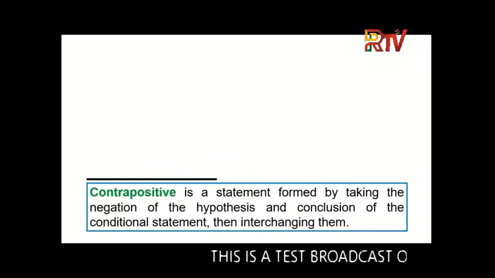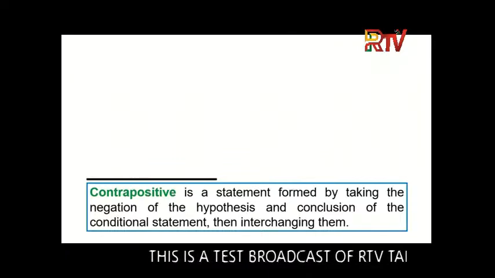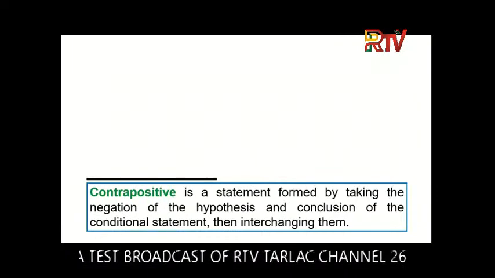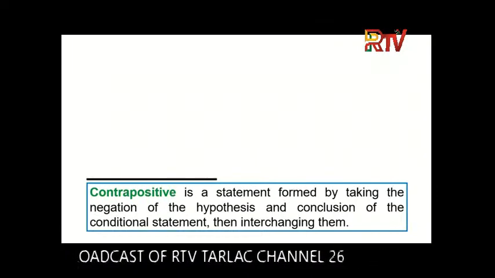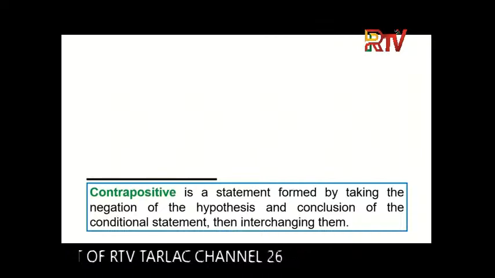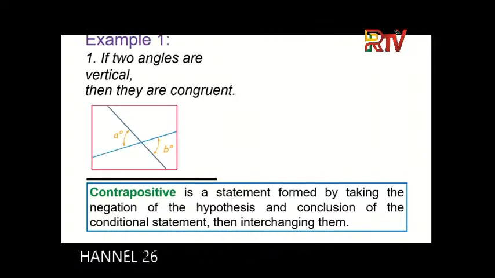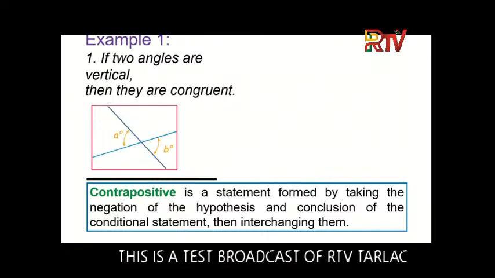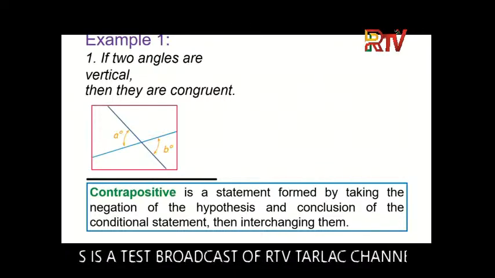Getting the contrapositive is like combining what we did in writing the converse and inverse of a statement. For you to understand it better, let us try these examples. Example number 1. We have the statement, if two angles are vertical, then they are congruent.